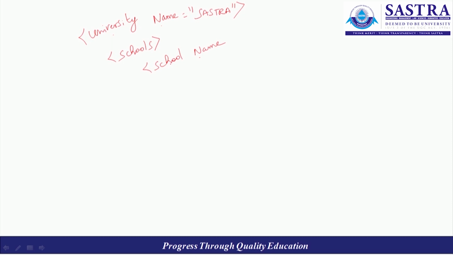These two are not same. These attributes are different because the name attribute is additional information about school. The same name attribute is additional information, a property for university. So these two are different.